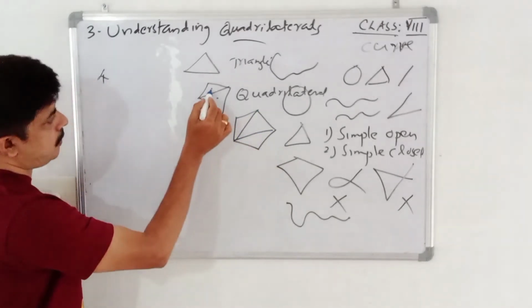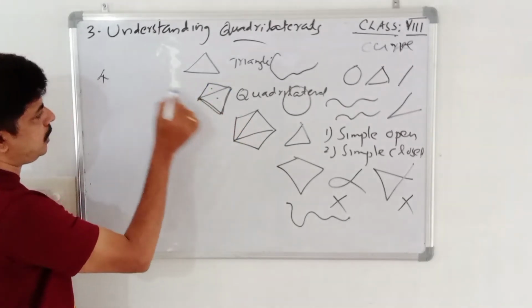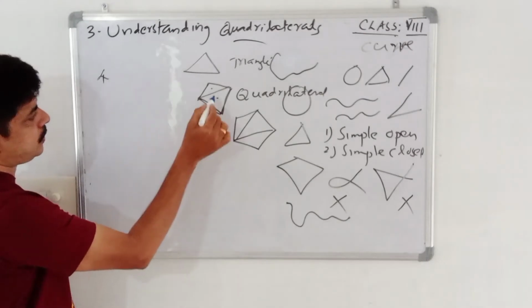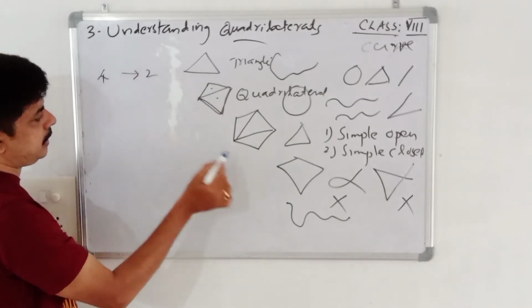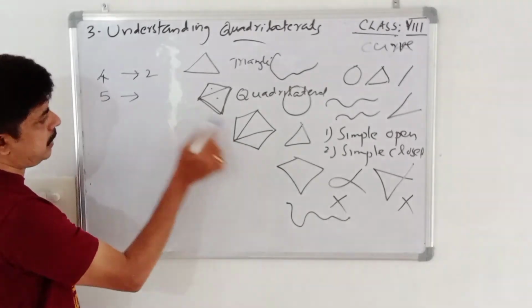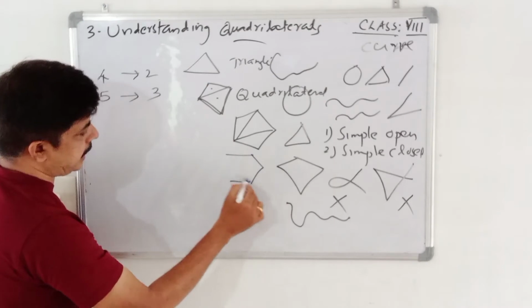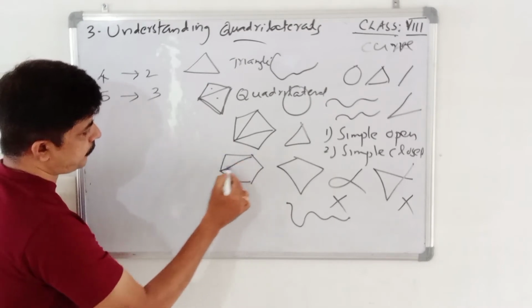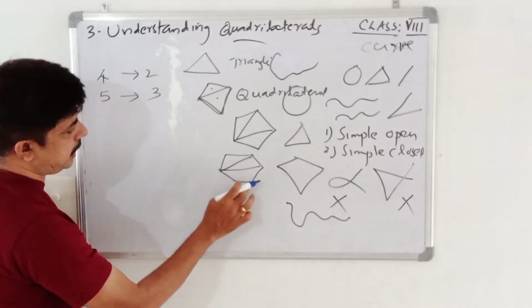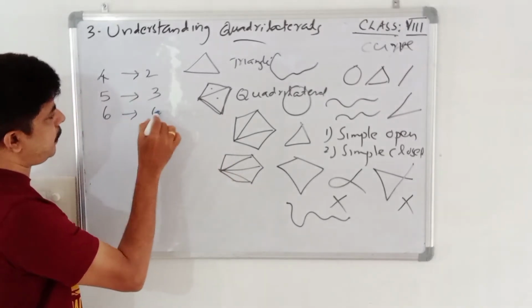A 4-sided polygon can be divided into 2 triangles. A 5-sided polygon can be divided into 3 triangles. A 6-sided polygon can be divided into 4 triangles.